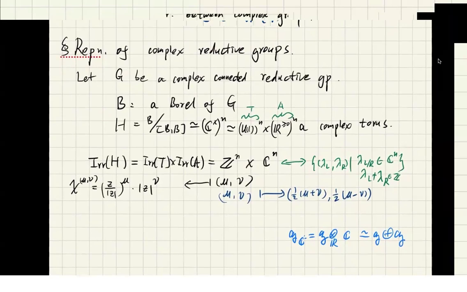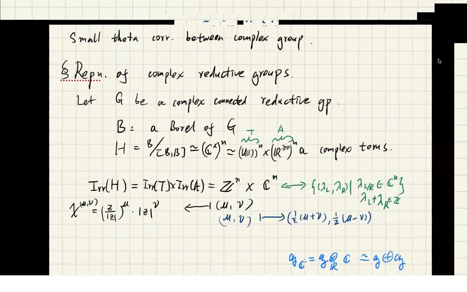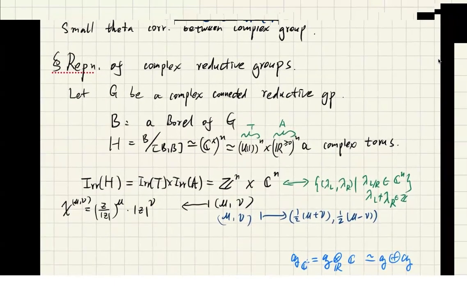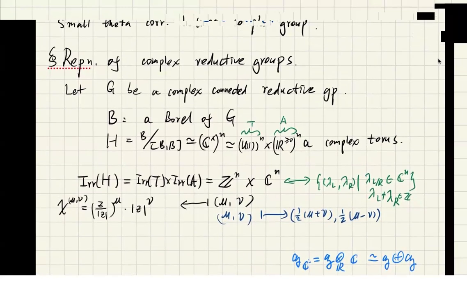As an application of this compact dual pairs correspondence, if you know the compact dual pair correspondence, plus some very clever argument, you can deduce the small theta correspondence between complex groups.